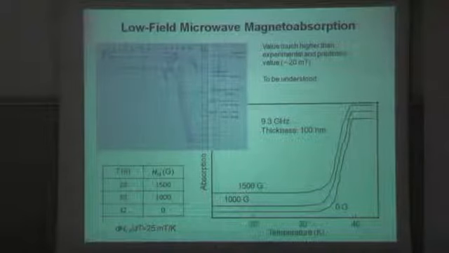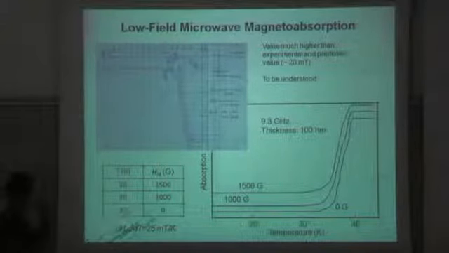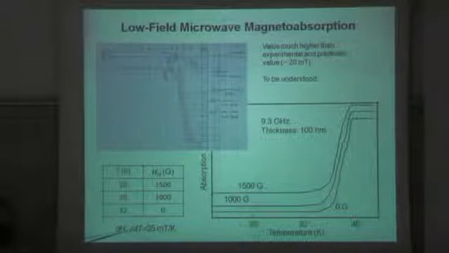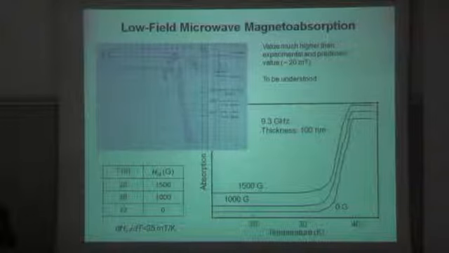So if these are HC1, they are really very high values. We were puzzled by that, and trying to figure out whether this is really true or something we're not understanding correctly. This would give you a slope of HC1 of 25 millitesla per Kelvin.